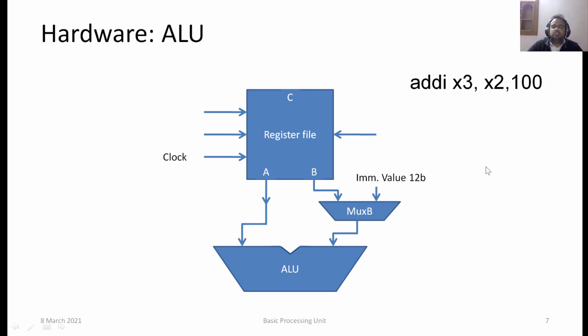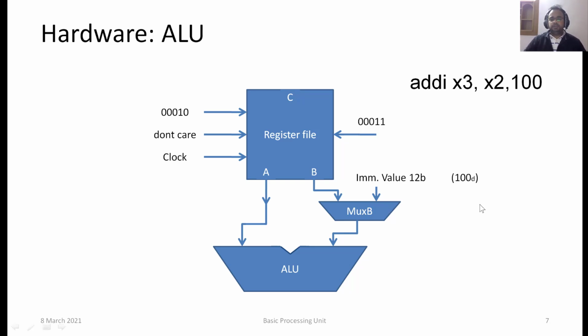Now with this small change in the circuit, let's see how we can execute ADDI. RS1 would be x2, 00010, RD would be x3, meaning 00011, and we don't have RS2, so we can assume it's don't care, and the immediate 12-bit value would be 100 in decimal, and because it's a signed value, the 12 bits would be sign extended appropriately.